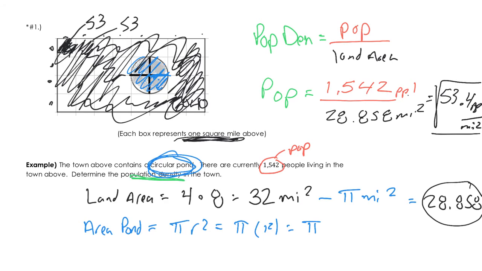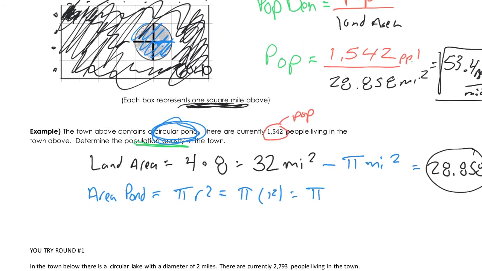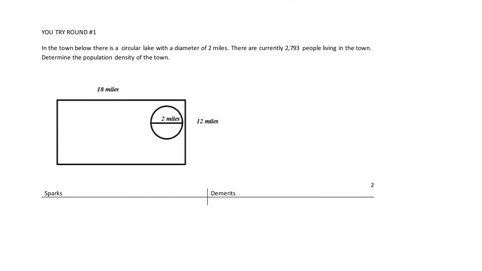So let's try an example, or the you try. So pause this video and give this you try example a go. Alrighty. So we want to find the population density. So we've got to use that formula of population divided by land area.